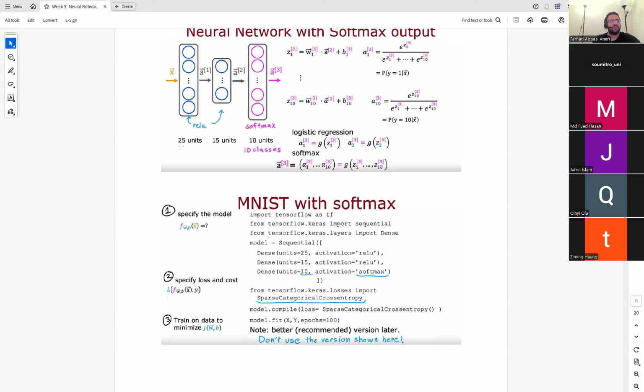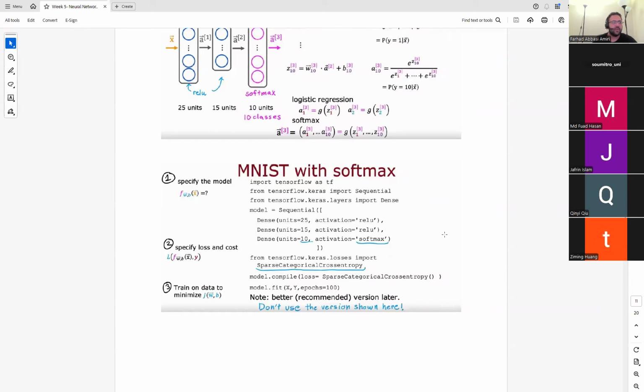The first layer with 25 units, and you know that for the hidden layers, we just use the ReLU activation function. The second hidden layer with 15 units, activation function is ReLU. And then the last one has 10 units, and the activation is softmax, as I mentioned, for multi-class classification.